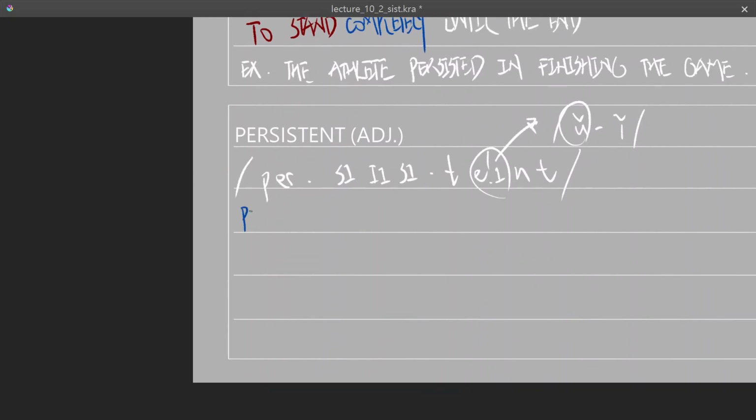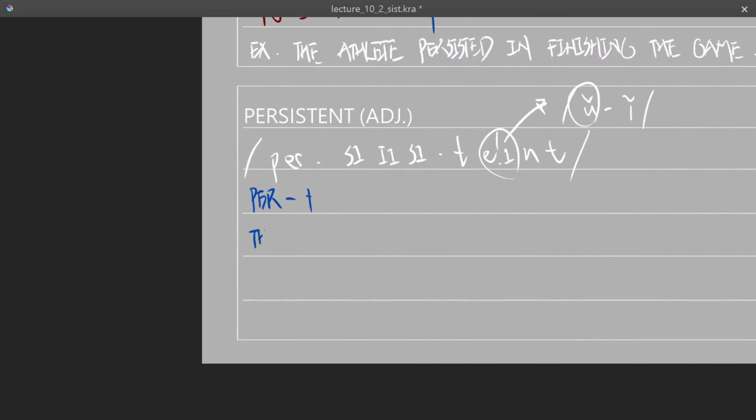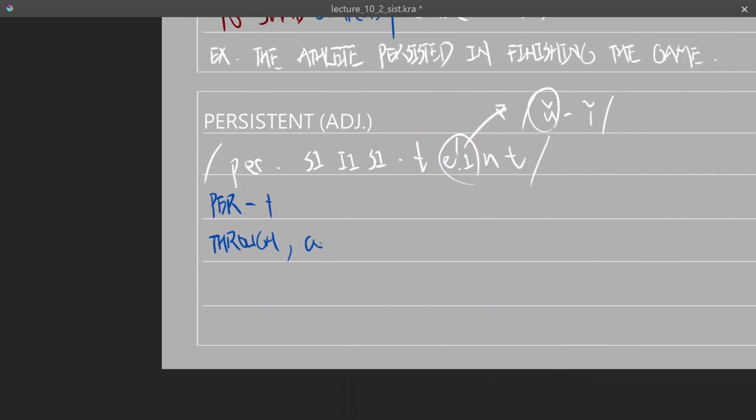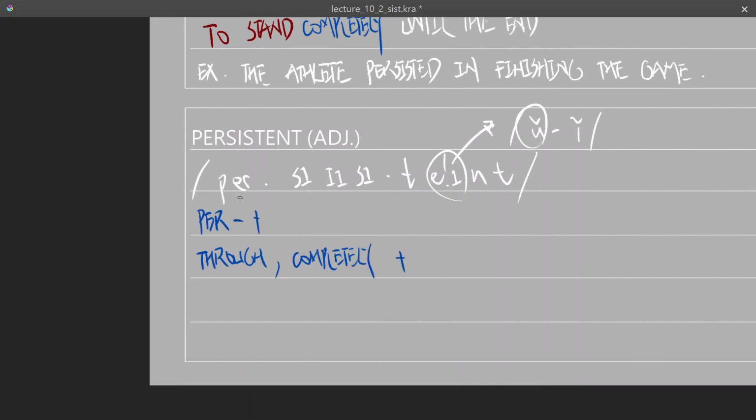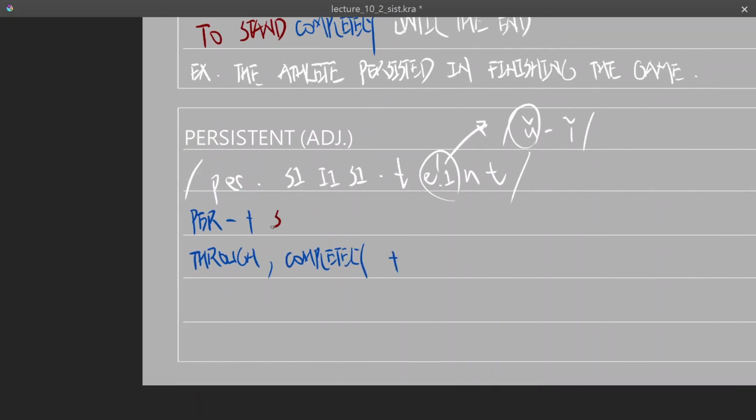Alright, so again we have the prefix per, meaning through or completely. And we have the root SIST, meaning to stand.